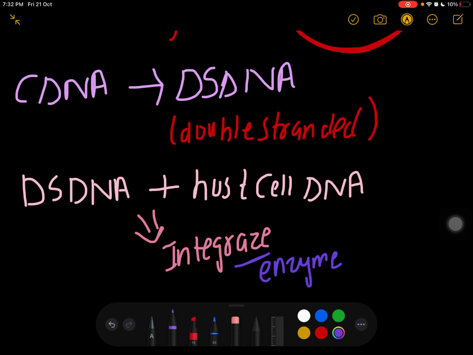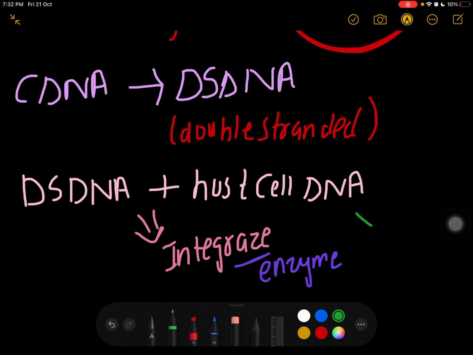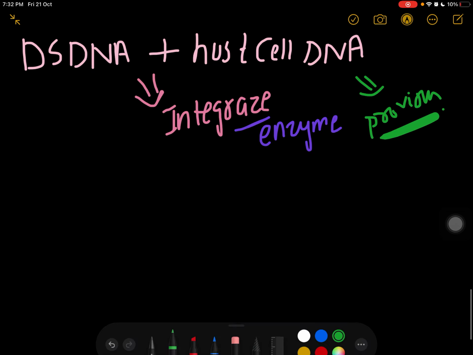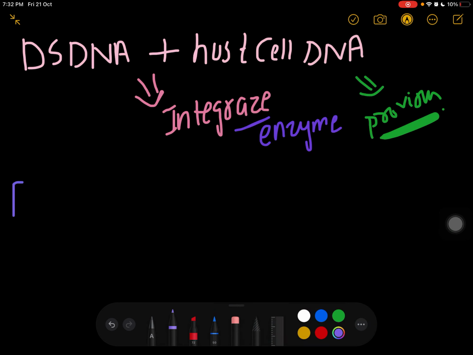The double-stranded DNA and the host cell DNA will combine together by the help of the integrase enzyme, and this process is known as integration, and it will form provirus.